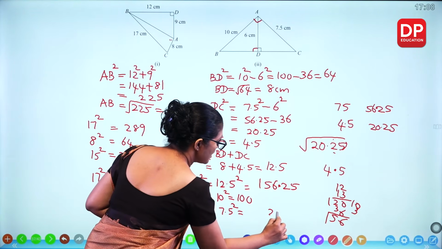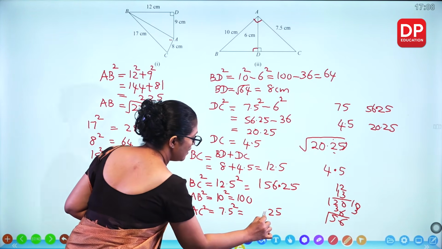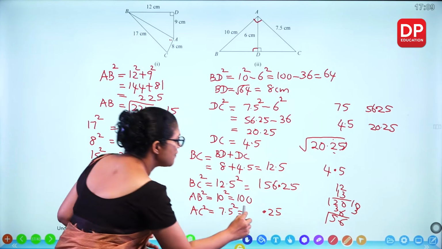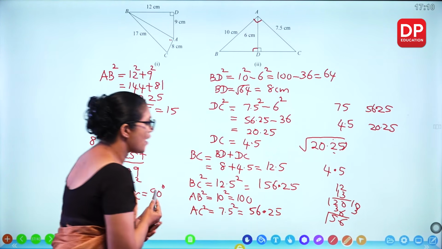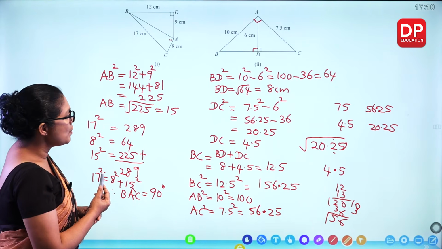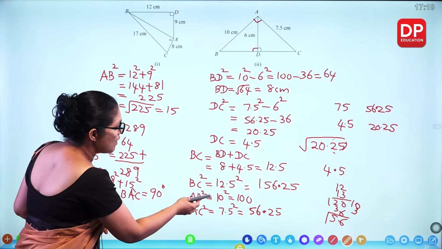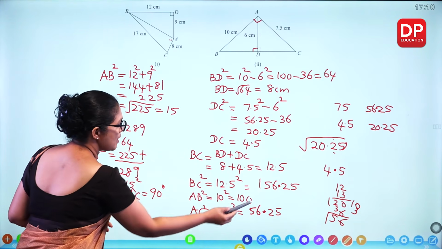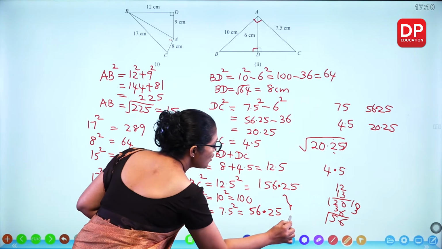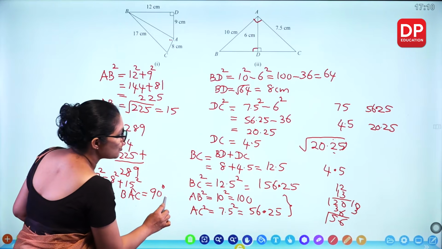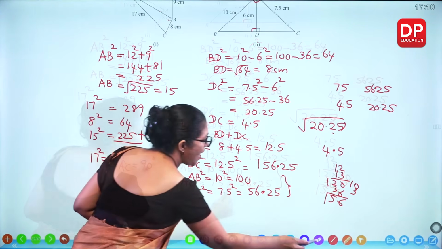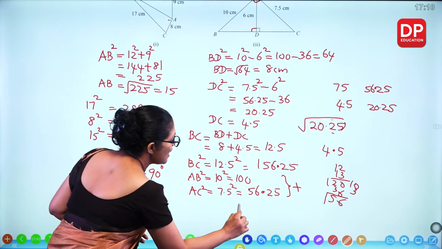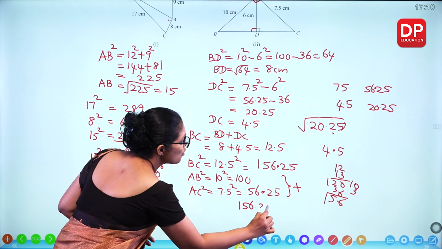Again, 7.5 times 7.5: 5 times 5, 25. Then 7 times 8, you get 56. So 56.25. Then we'll see when we add these two, whether we are getting this number. When you add these two, you get 156.25.